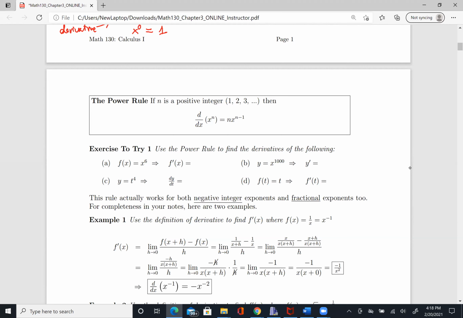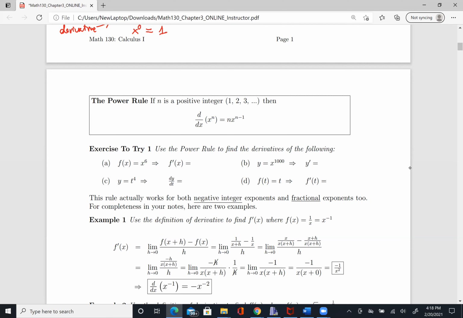So this is the formula. This is the shortcut for you to handle polynomials, to find the derivative of a variable with a power, right?